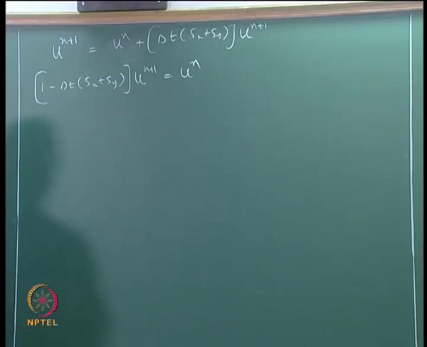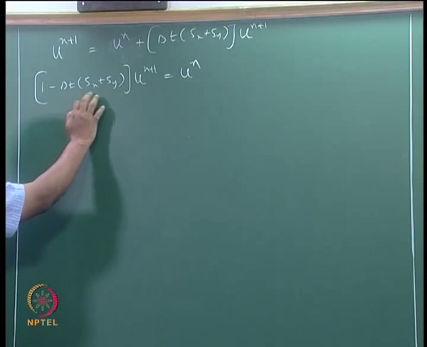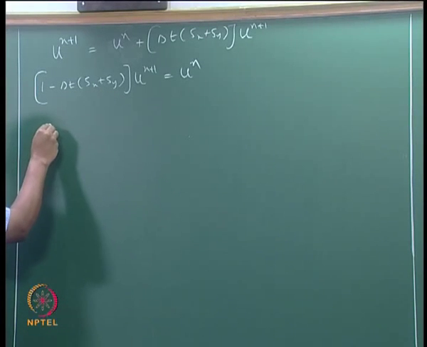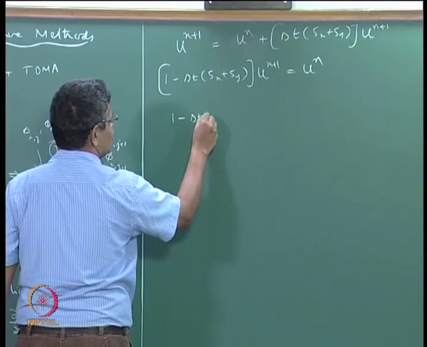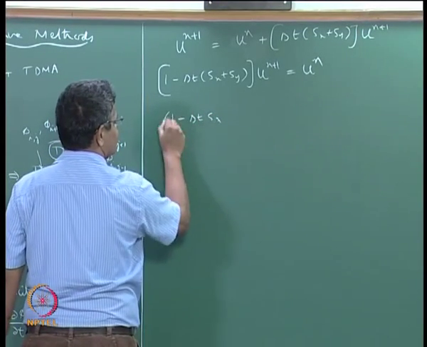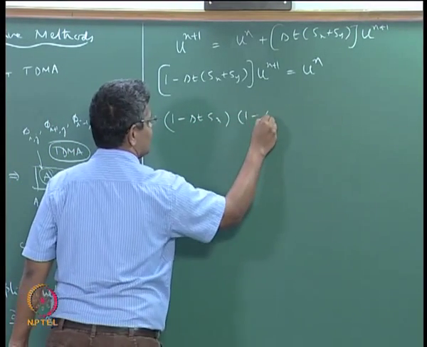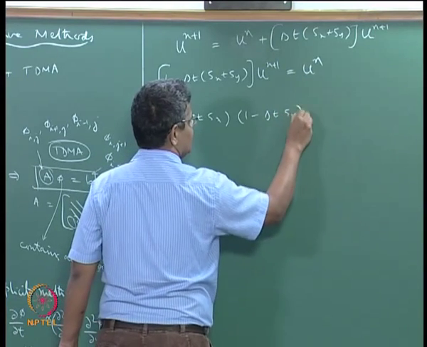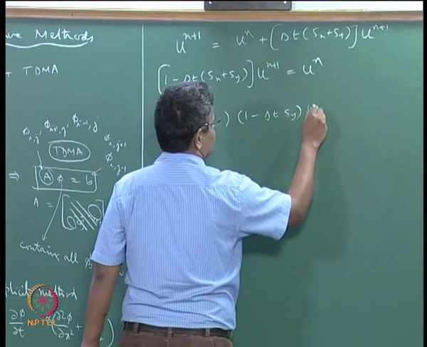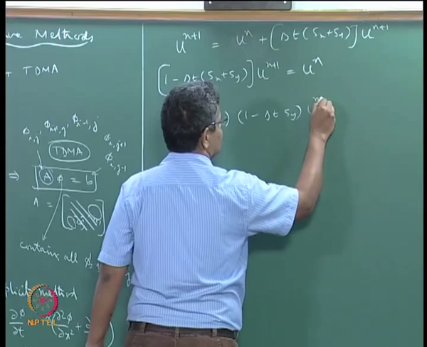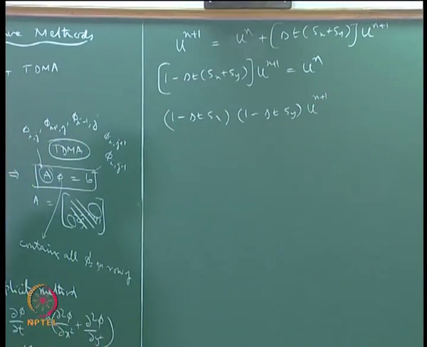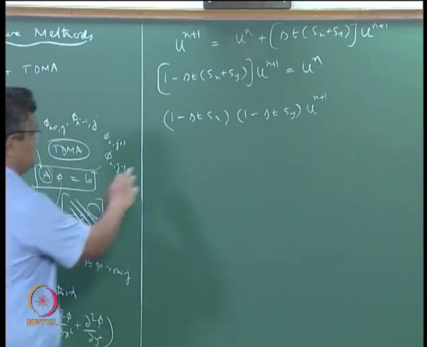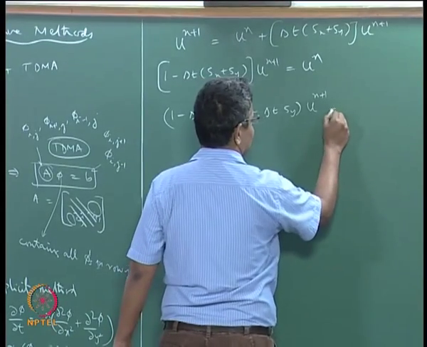What we now try to do is break it up, we can write this as 1 minus delta t Sx times 1 minus delta t Sy times u n plus 1.